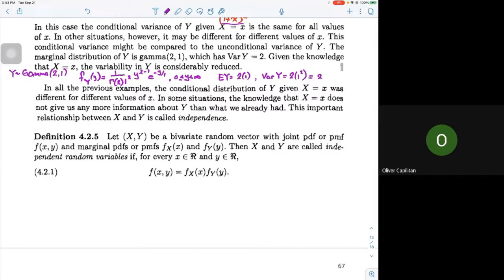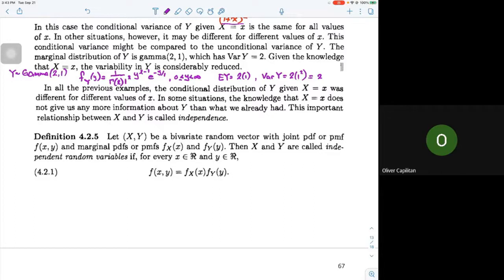Then x and y are called independent random variables if for every real number x and every real number y, the joint PDF or PMF of x, y will be equal to the product of the marginal PDF of x and the marginal PDF of y.